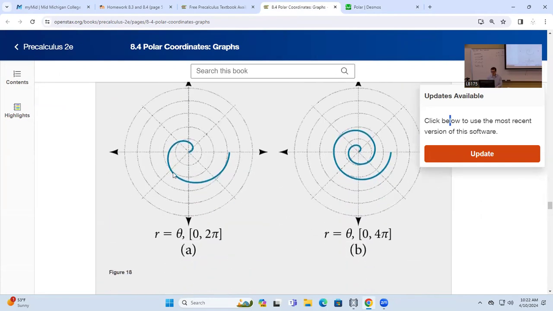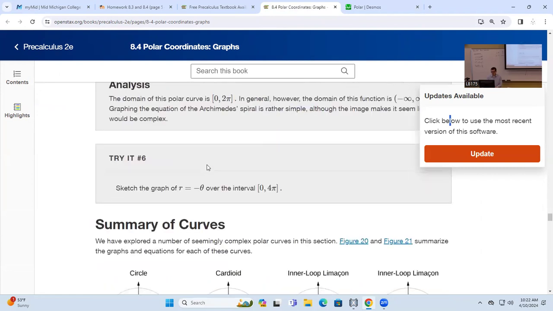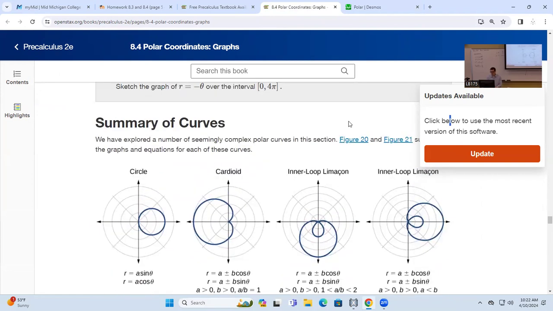All right. I already mentioned spirals. So now we see we have circles, which are essentially rose curves with just one petal, right? In some sense. We have cardioids. Those are the ones where we're indented.